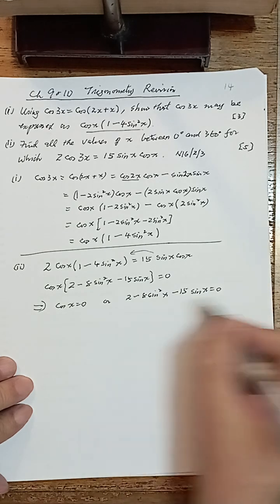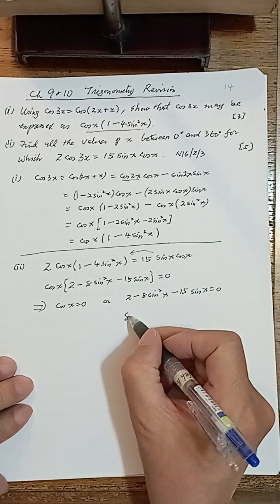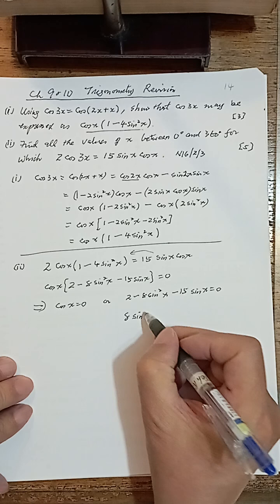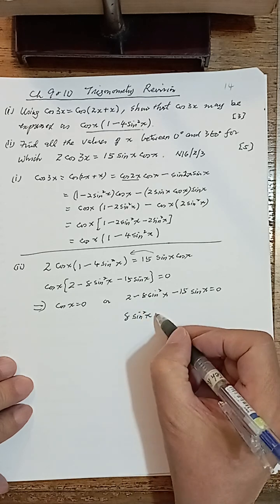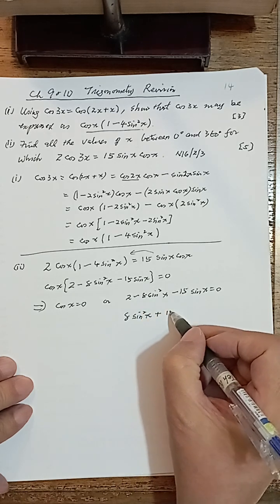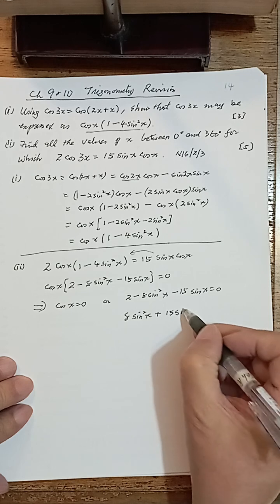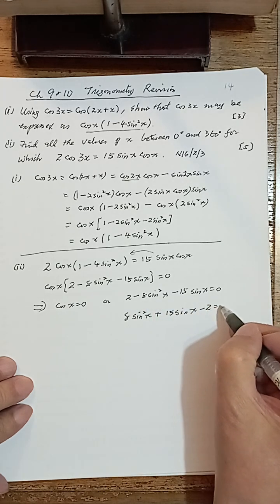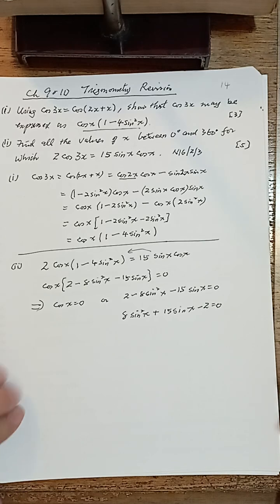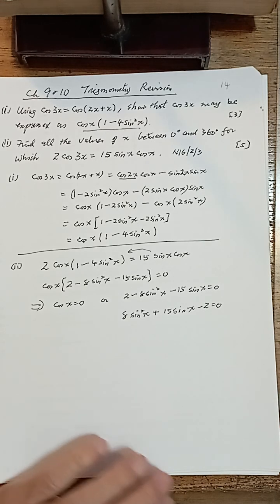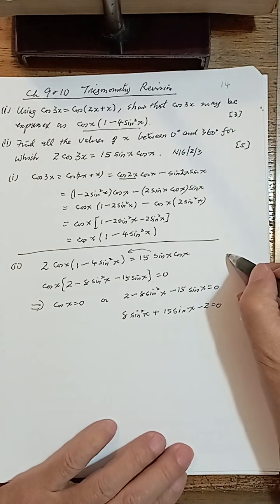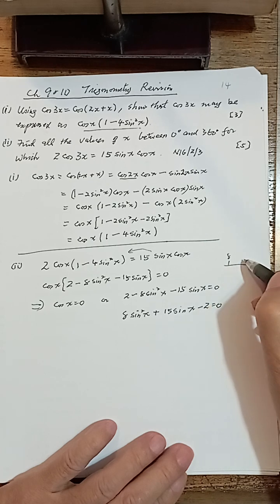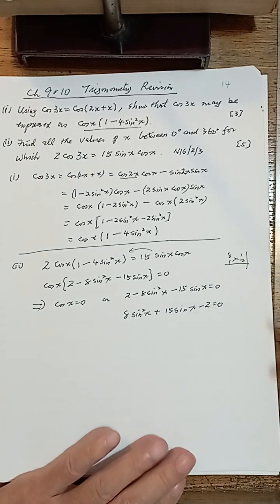Rearrange or multiply by minus 1. So 8 sine square x plus 15 sine x minus 2 will be equal to 0. And for this, we can actually factorize. 8 times 2 is 16, yes, can.